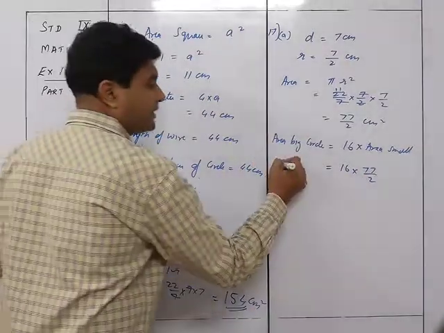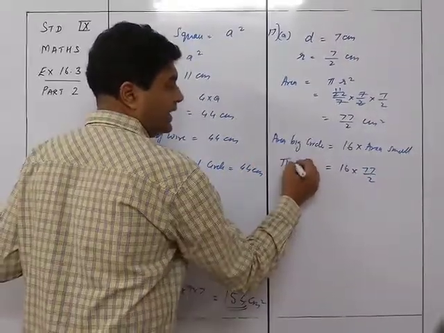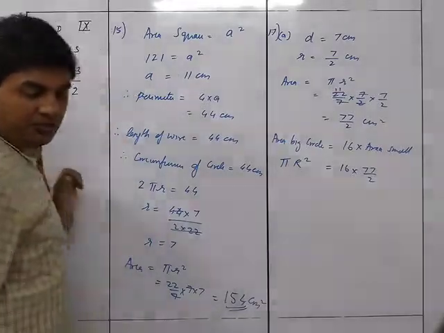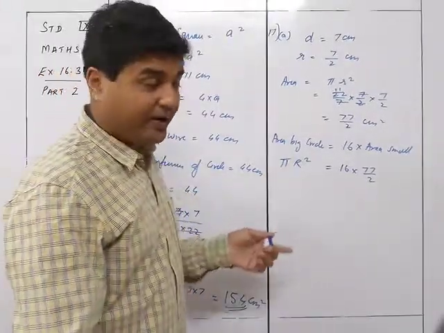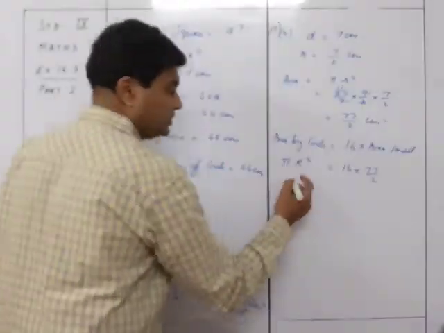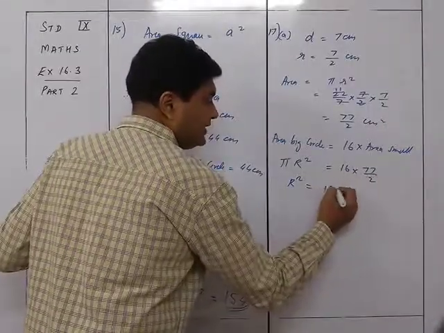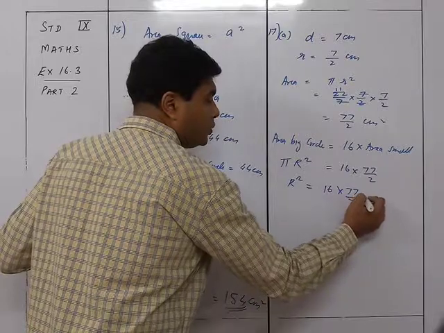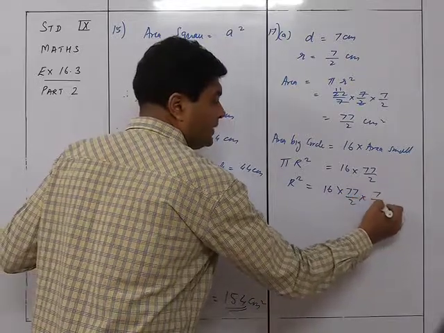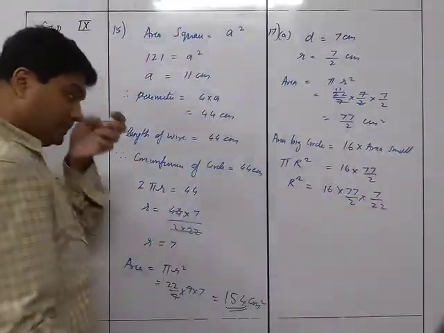What is the area? That is nothing but pi r square. Because I need to find out the circumference, I need to find out r. So pi r square is this much. So r square is equal to 16 into 77 upon 2 into 7 upon 22. Pi goes here.